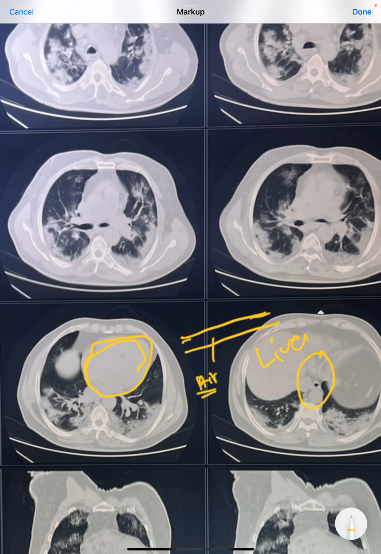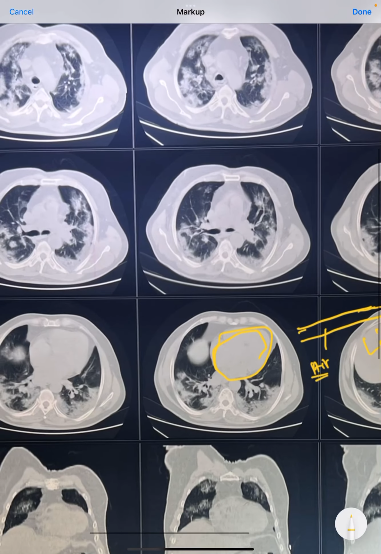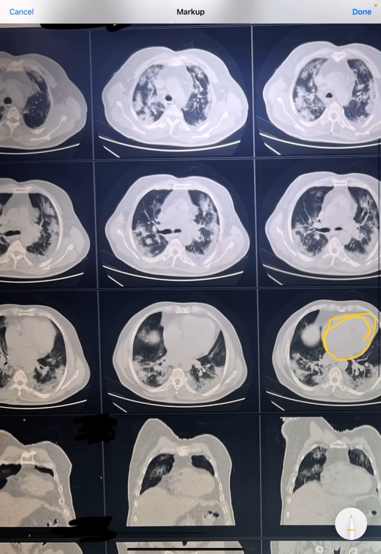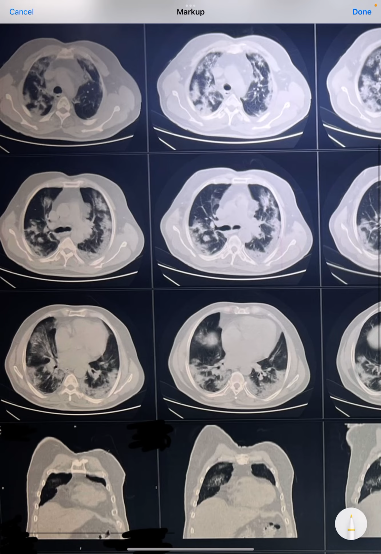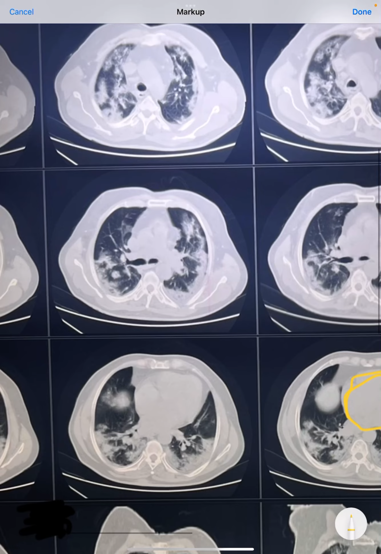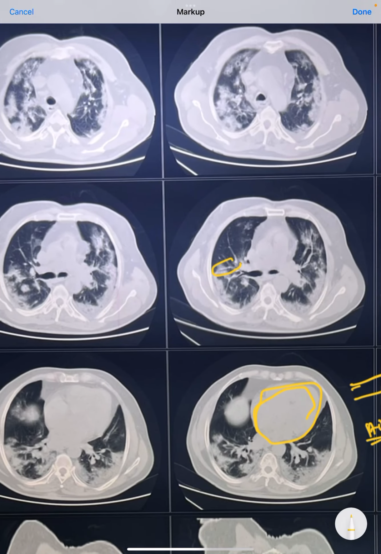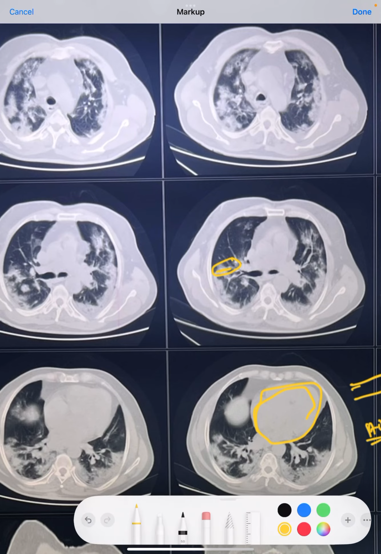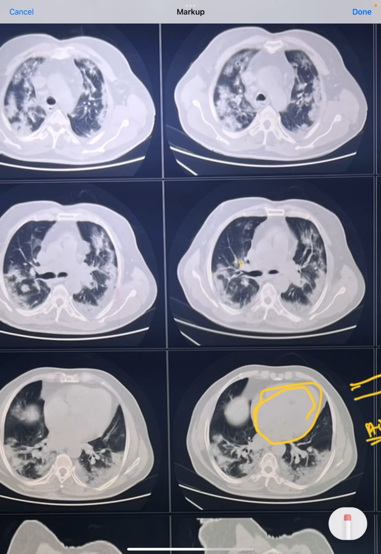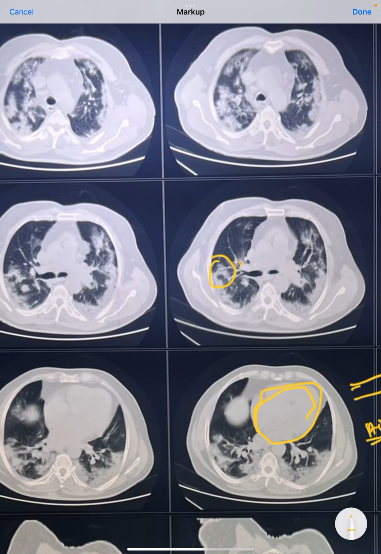So the presence of air in a patent bronchus is called air bronchogram, which tells us that it is pneumonia. In this CT we don't have a very beautiful air bronchogram. You can see here that this black is all air, and this is actually a patent bronchus. So this is a consolidation patch. These are all consolidation patches.